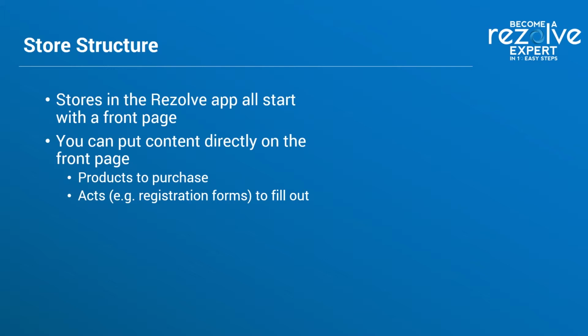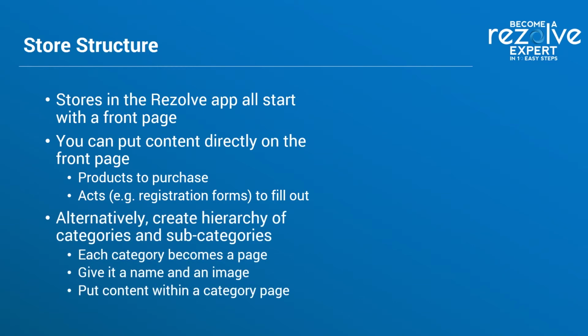However, if you've got a much bigger store and a larger range of products and services, you're probably going to want to think about creating a hierarchy of categories and subcategories. Those are pages within pages, a whole structure of the store, and then you can put your products within those category pages and create something which consumers can navigate quite easily.